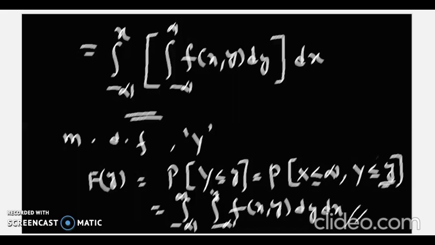This is called the marginal distribution function of y.